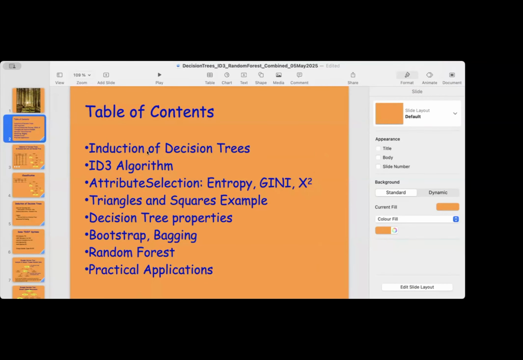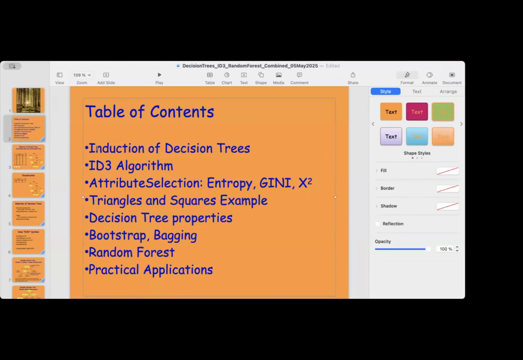So let's see here. Induction of the decision tree. We will see a simple example with some colors and geometric figures. We will follow the ID3 algorithm, which is the most popular algorithm that's been around for many years and is currently being used.